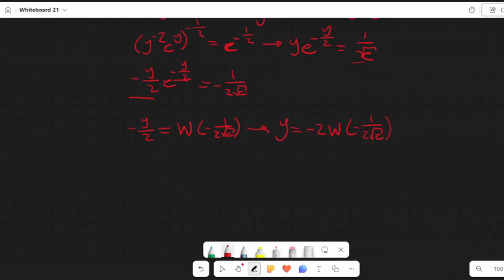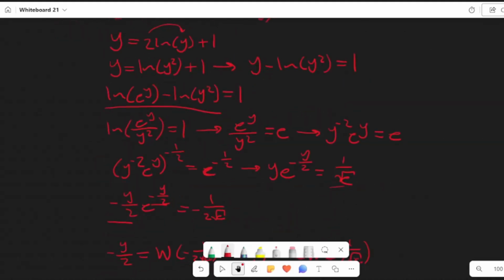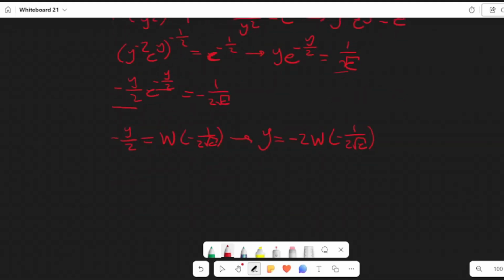And if we go back to what we said y to be equal to, y is equal to e to the power x. So in order to solve for x, we just substitute back y for e to the power x. And you'll notice that e to the power x is equal to -2 times the Lambert W of -1 over 2 times the square root of e.